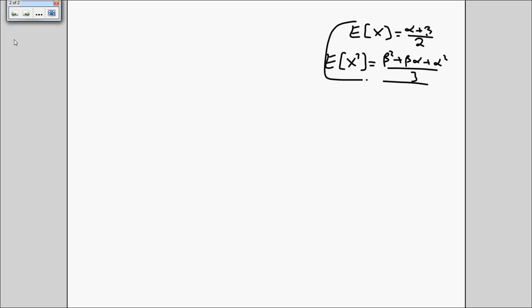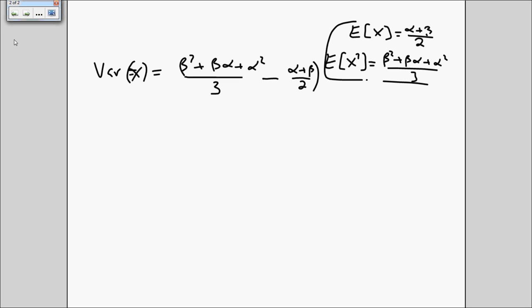So, the variance of x is E of x squared, beta squared plus beta alpha plus alpha squared over 3, minus E of x squared, alpha plus beta over 2, quantity squared. Keeping the first fraction the same way it is, I will now square the second.